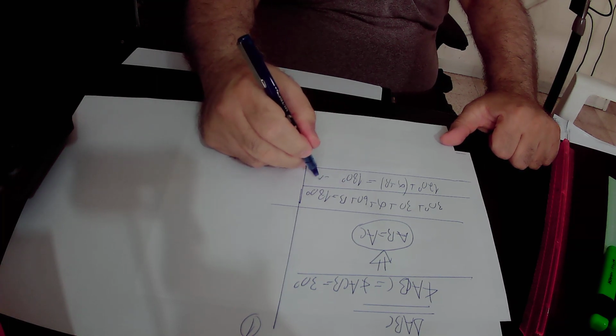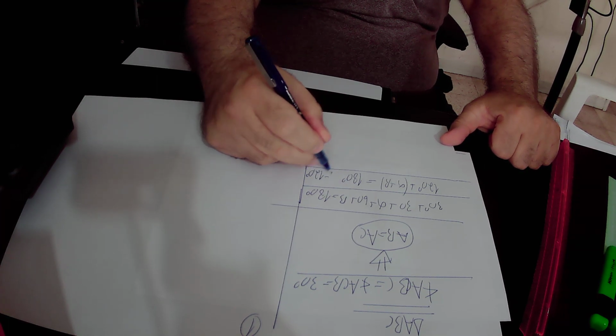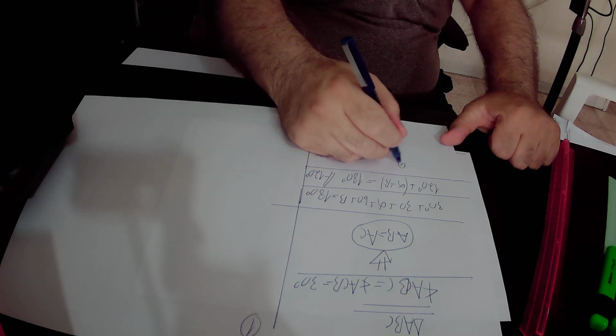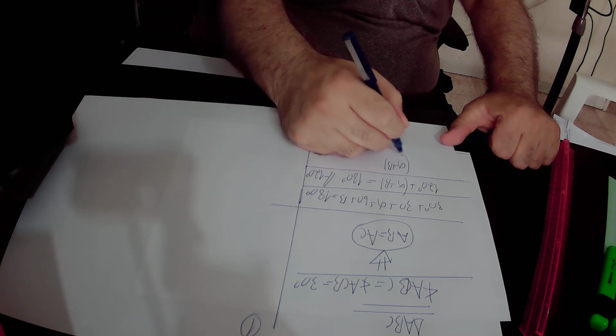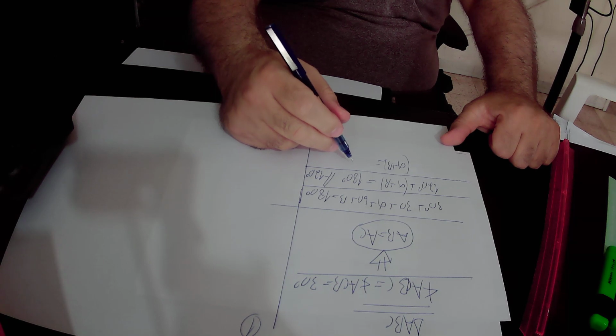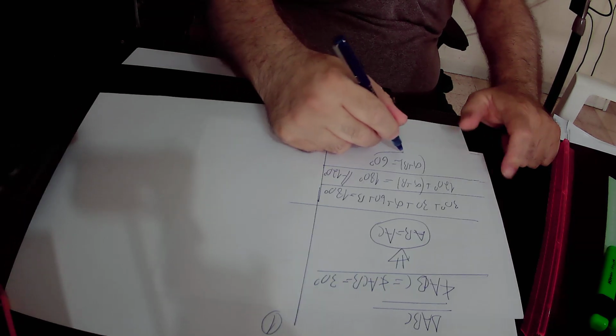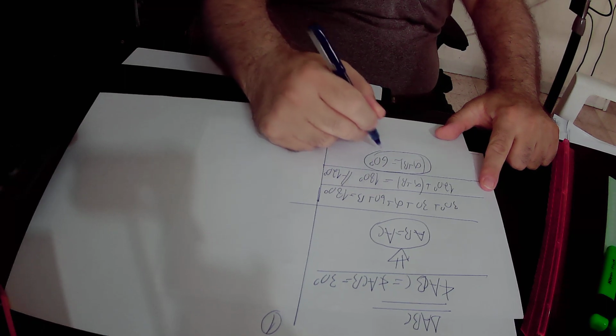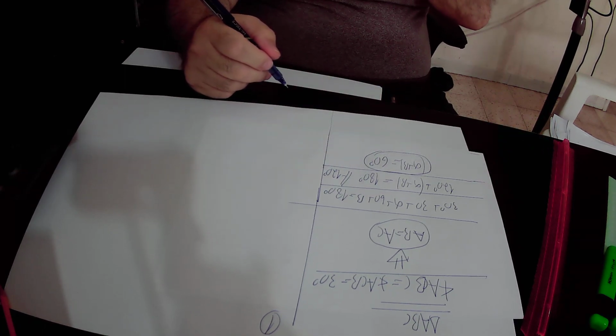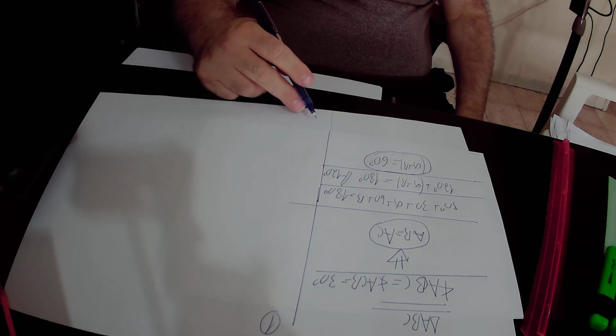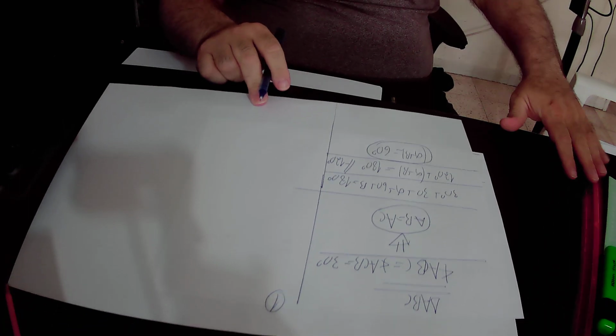So here we subtract 120 degrees from this equation and we get that alpha plus beta equals 180 degrees minus 120 degrees. It is equal to 60 degrees. So we found out that alpha plus beta equals 60 degrees.